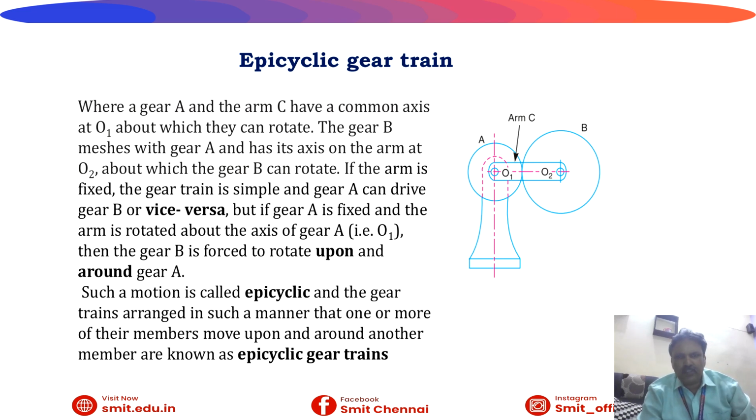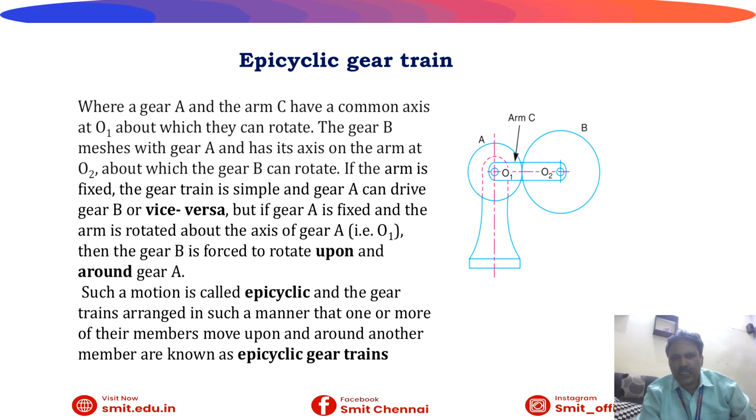Gear B meshes with gear A and has its axis on the arm at O2, about which gear B can rotate. If the arm is fixed, the gear train is simple and gear A can drive gear B or vice versa.